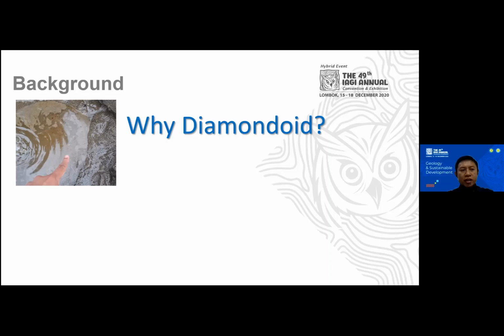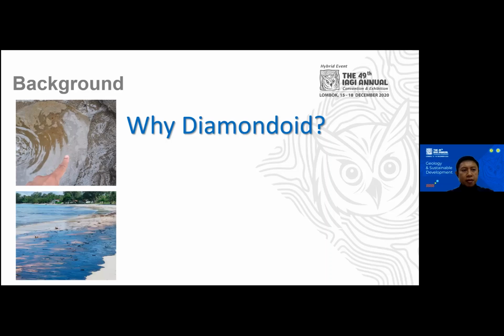On several occasions, our laboratory also received samples from oil spill cases. This is a picture of an oil spill case in Bintan Island. Previously, we have a database of oils in Indonesian producing basins from Aceh to Papua. So when the fingerprint of this spilled oil matches our database, then we can trace where the oil is sourced from.